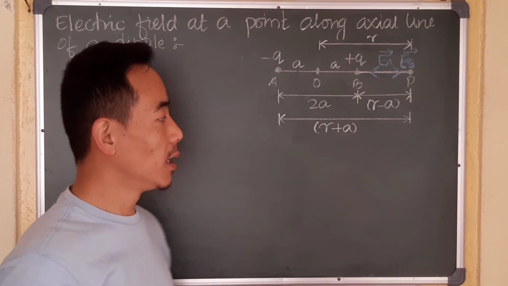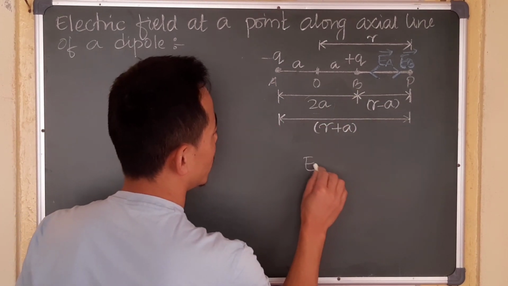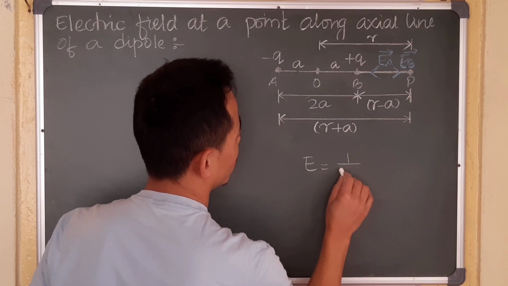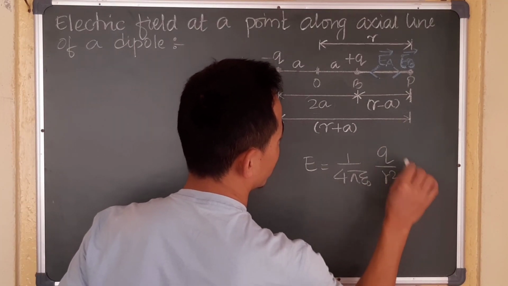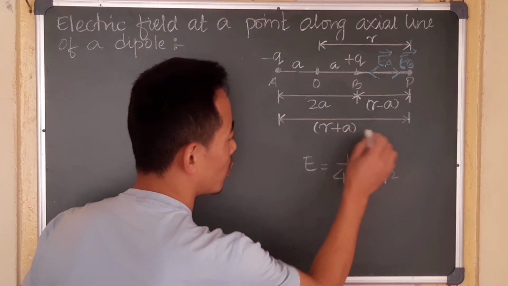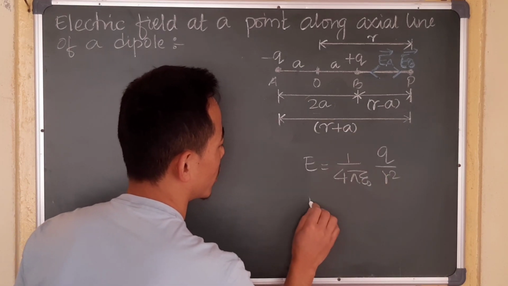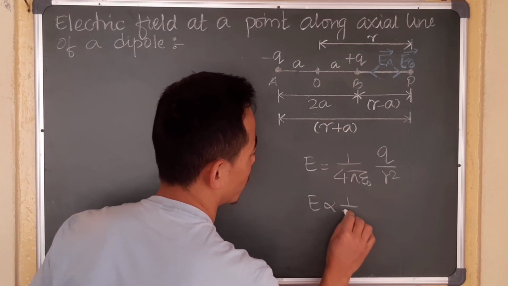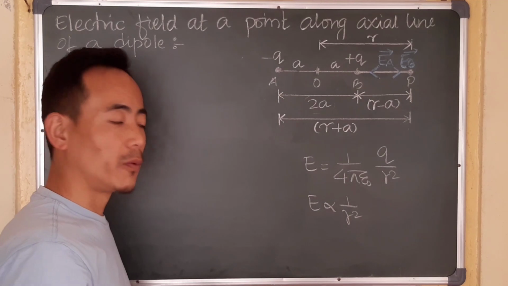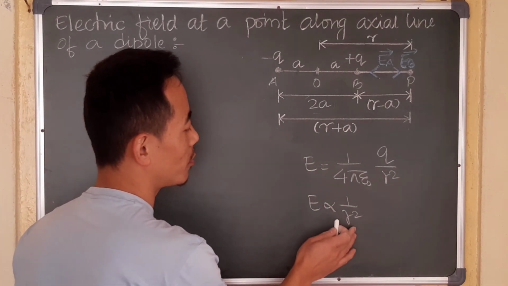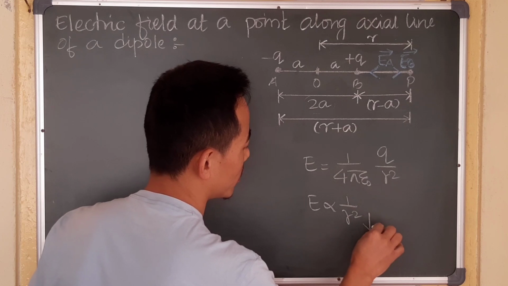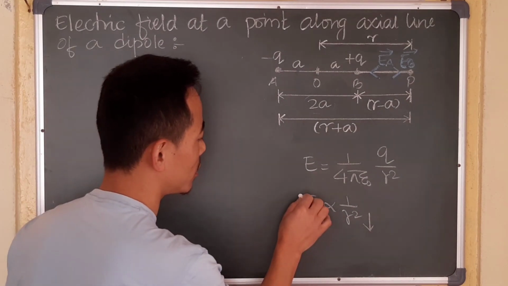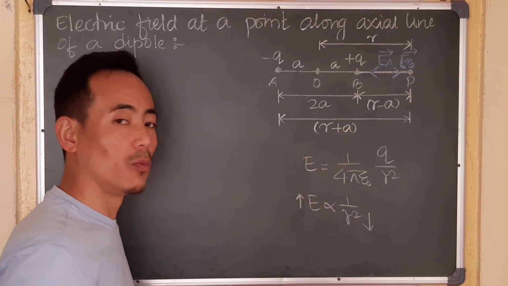The expression for the electric field is E equals 1 by 4 pi epsilon naught Q divided by R square. If you remove the constant and equals sign, E is proportional to 1 by R square, which means if the distance is less, then the electric field is more.